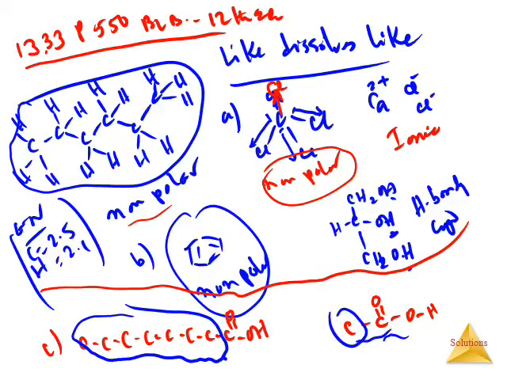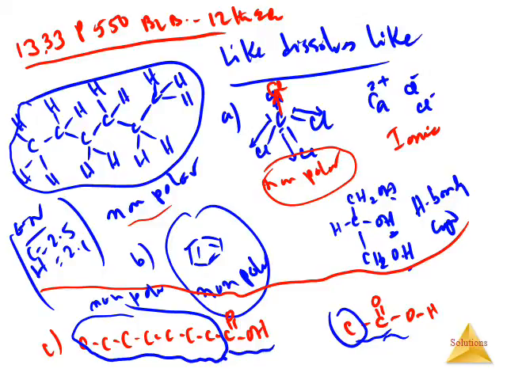On the other hand, in octanoic acid, since the major part is a nonpolar segment and only this small part is the polar group, octanoic acid would be more soluble.